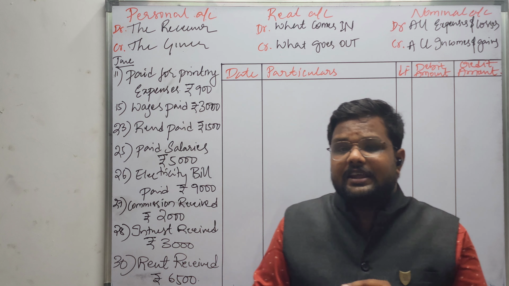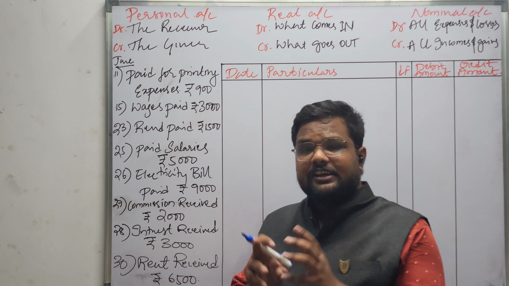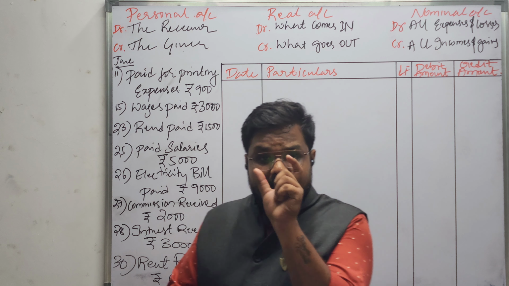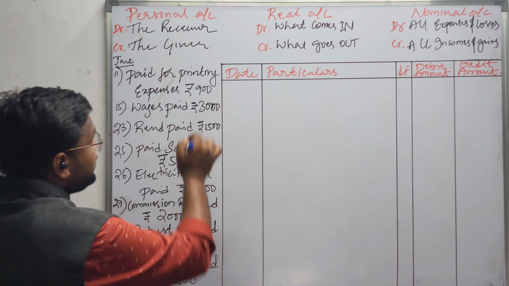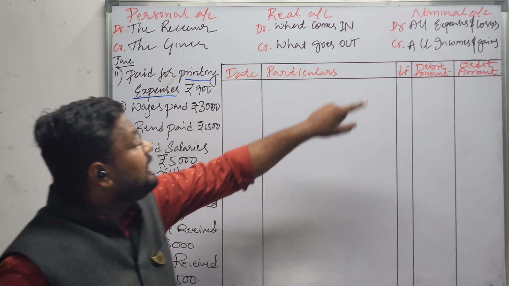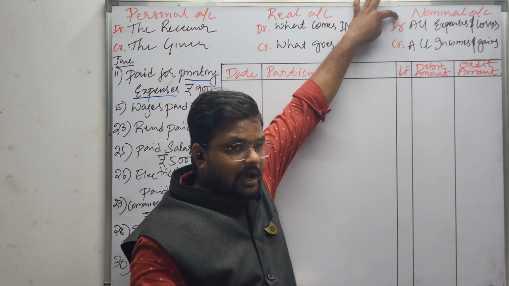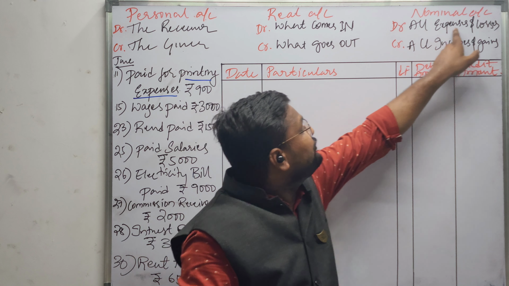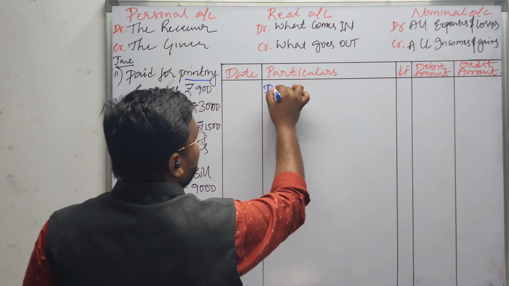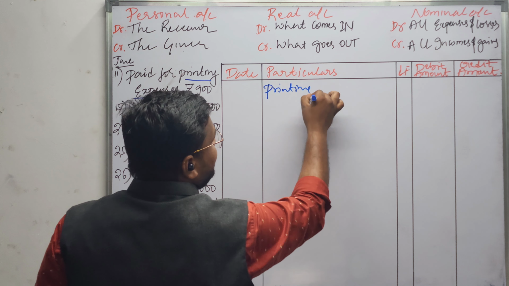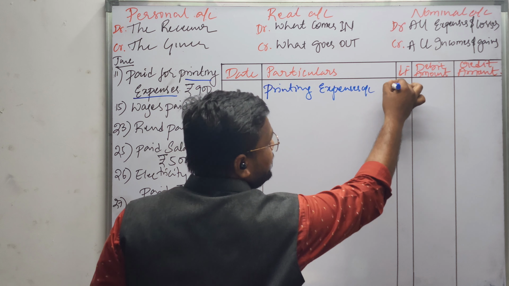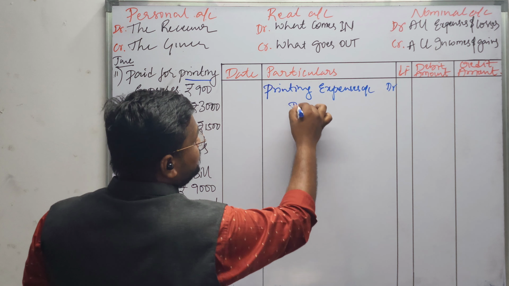Paid for printing expense is an expenditure for the business. So printing expenses should be debited according to the nominal account rule, that is, debit all expenses and losses. So I debit the printing expenses account.